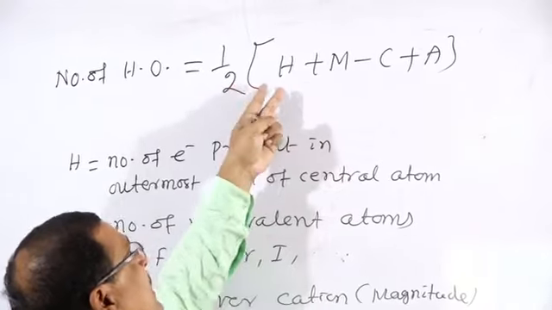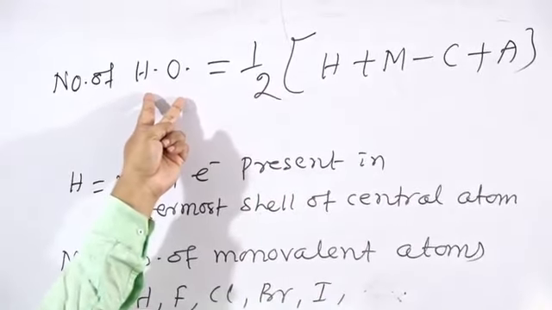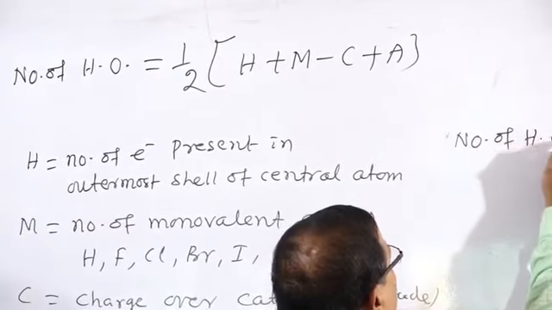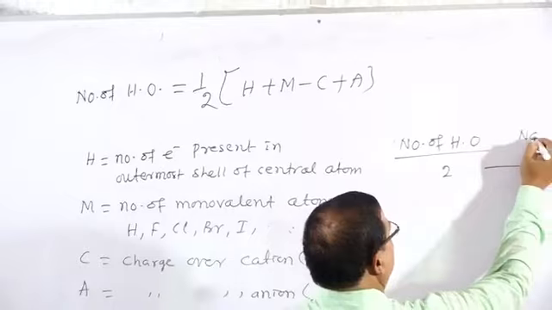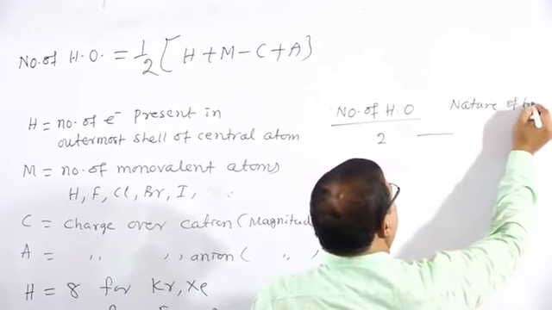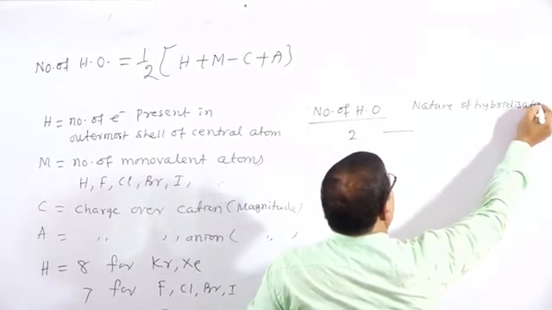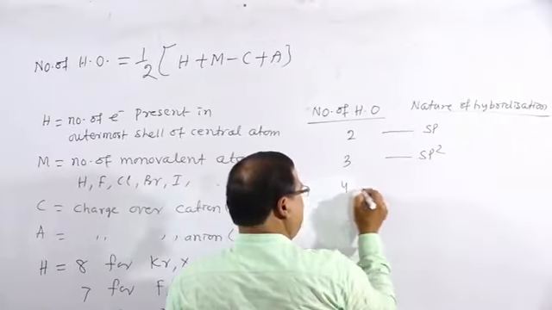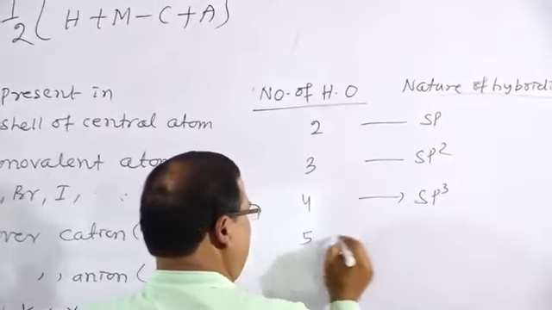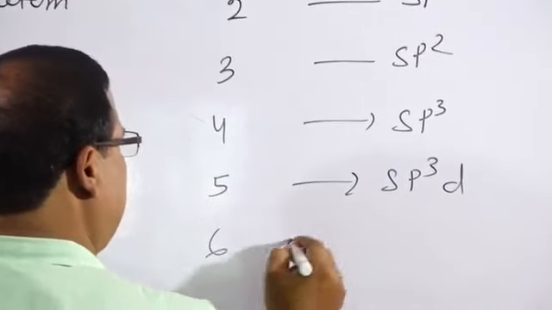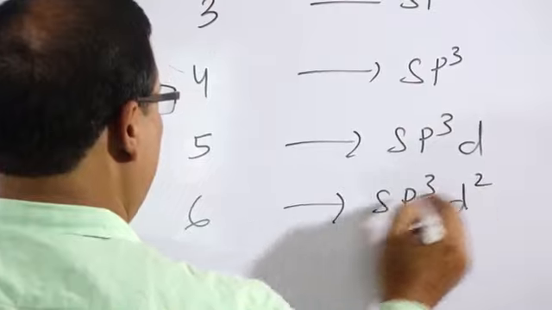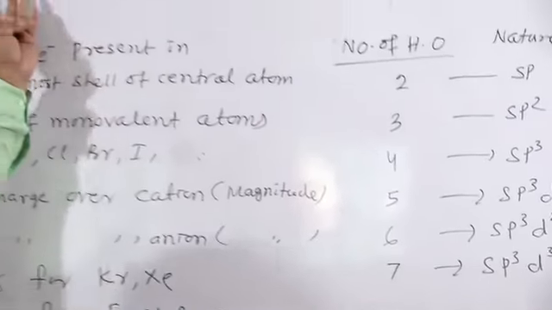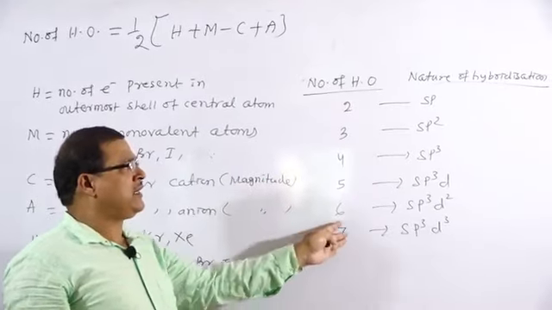We only have to apply this formula to determine the number of hybrid orbitals, and after knowing that, the nature of hybridization: 2 is sp, 3 is sp2, 4 is sp3, 5 is sp3d, 6 is sp3d2, 7 is sp3d3.